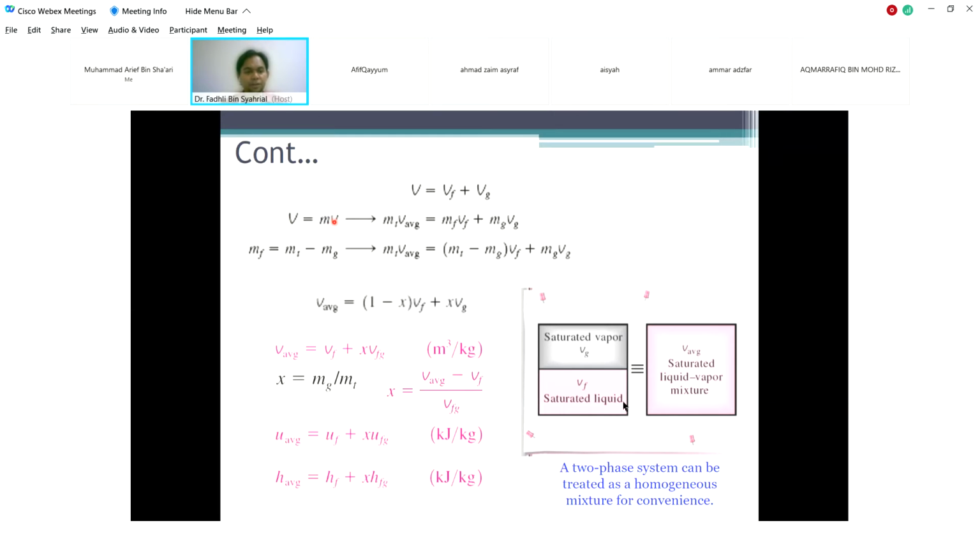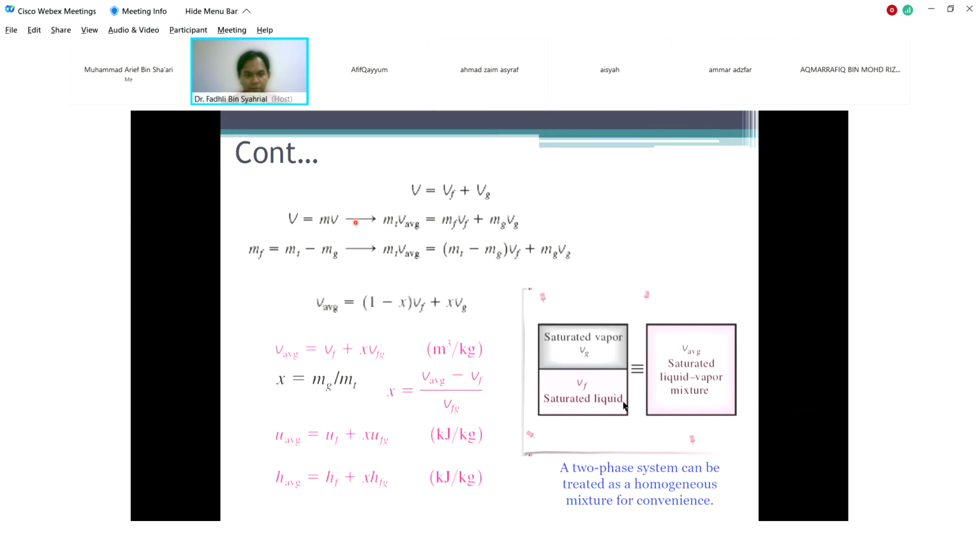If we replace this mv into the main equation, V equals Vf plus Vg, we get mt times v average for the total volume. For the liquid, it is mf times vf, plus Vg becomes mg times small vg. This is the second equation from our main equation, obtained by replacing V with mv.